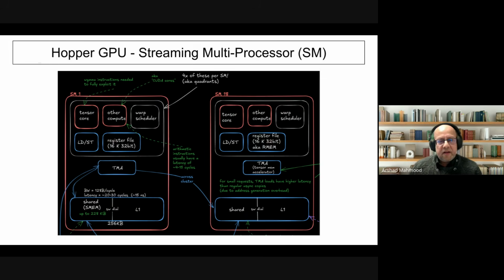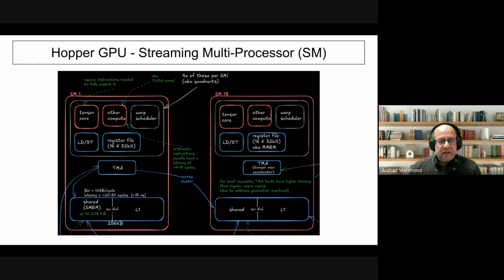And finally, you've got a register file. GPUs are quite nice because they've got a lot of registers. Each one of these SMs, and there's say 130 of them, has 65,000 registers, and these are the fastest way to do calculations. Unfortunately, they're not unlimited, but there are quite a few.